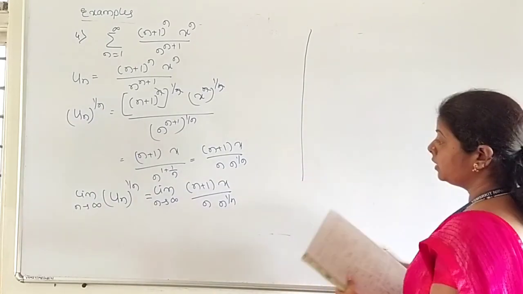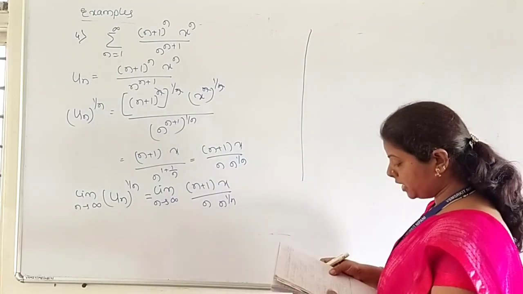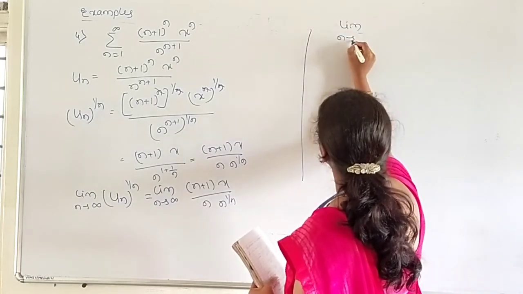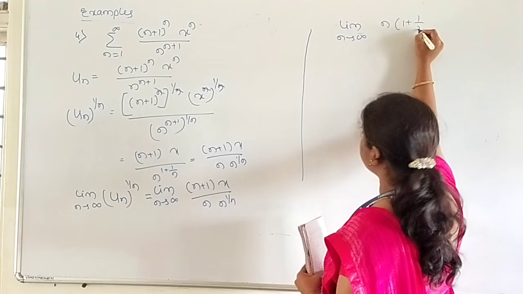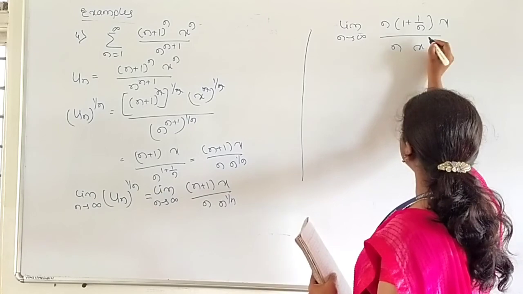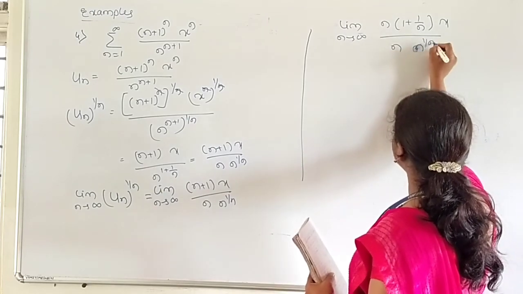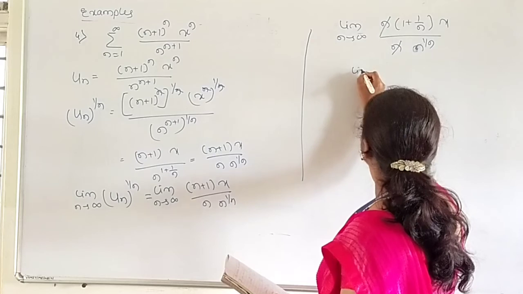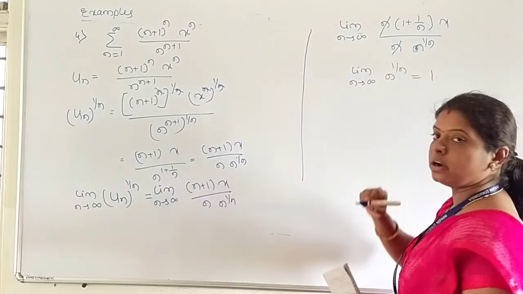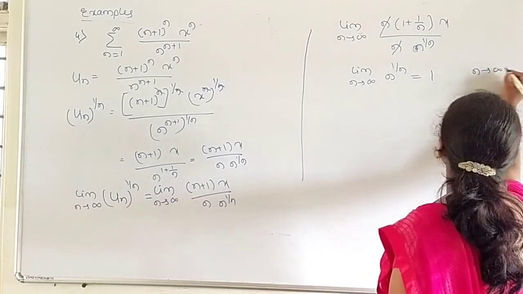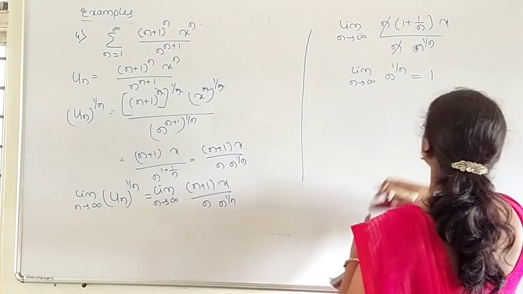Now we have to apply the infinity here. If we consider n as common, it becomes (1 plus 1 by n) into x divided by n to the power 1 by n. This n gets cancelled. Now we know that limit as n tends to infinity of n to the power 1 by n is equal to 1 from our standard result, and n tends to infinity means 1 by n tends to 0.